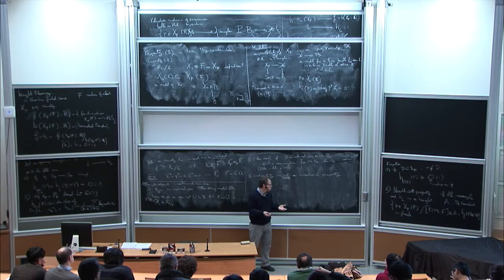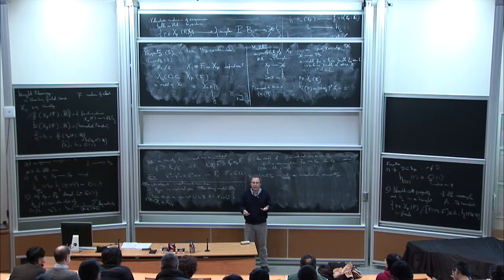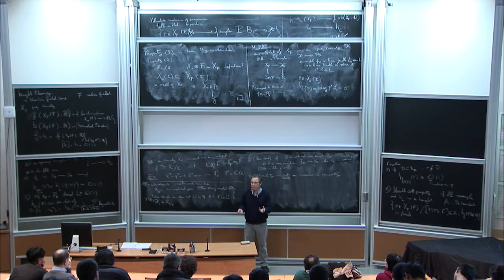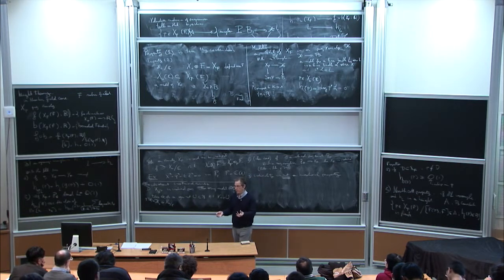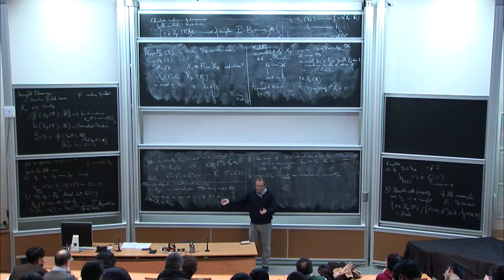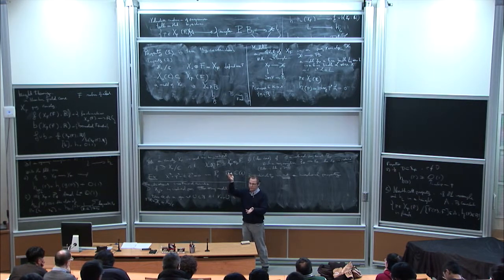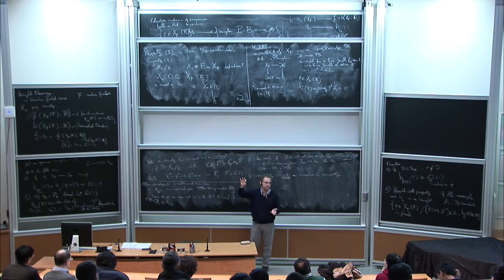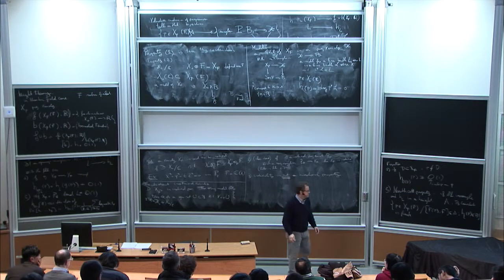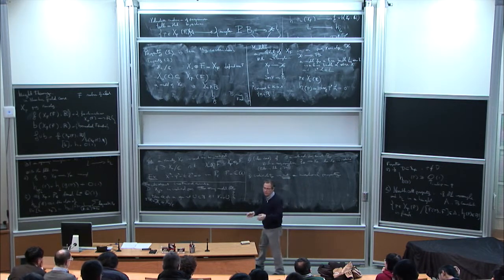You can take, for instance, a variety of general type, defined over C. You blow it up in very general points which are defined over F, many points, and you will find a variety which is of general type, non-isotrivial, but with Zariski dense points, because all the points coming from the open set where you didn't do anything are rational points.